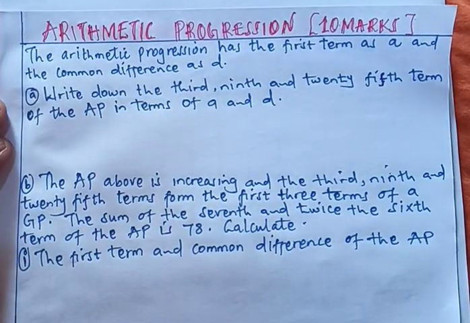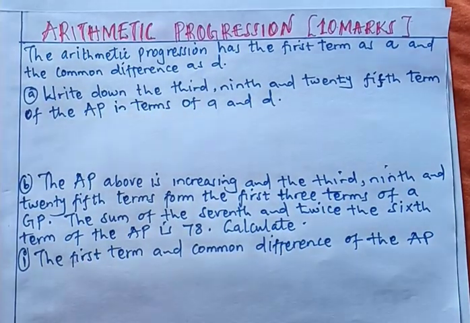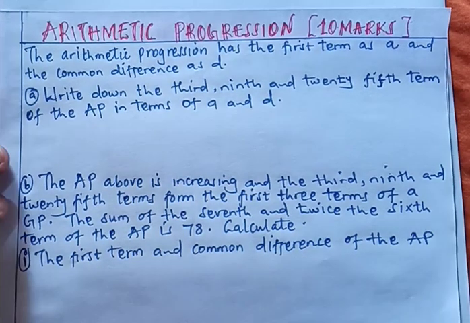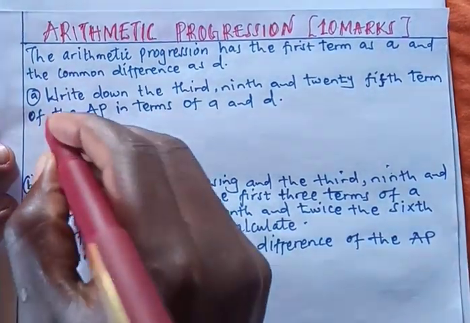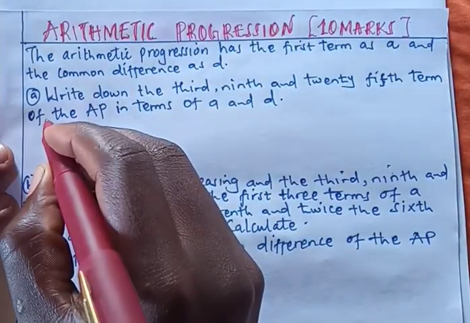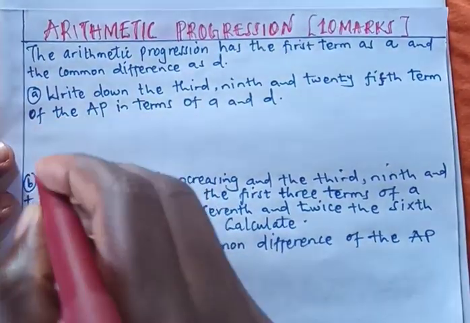We have been told that the arithmetic progression has the first term as A and the common difference D. We are supposed to write down the third, ninth, and 25th terms of the arithmetic progression in terms of A and D.